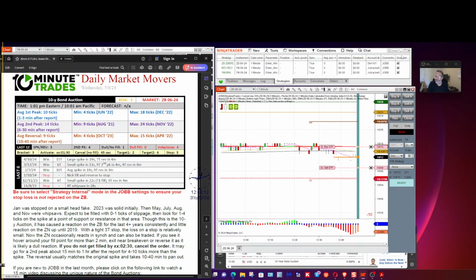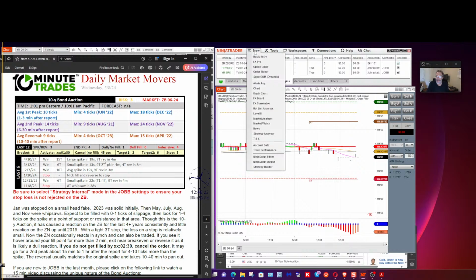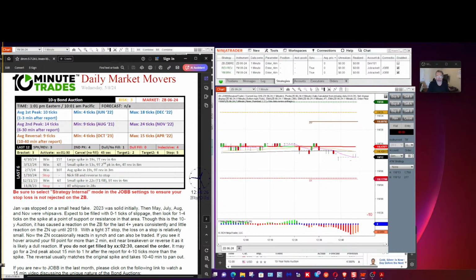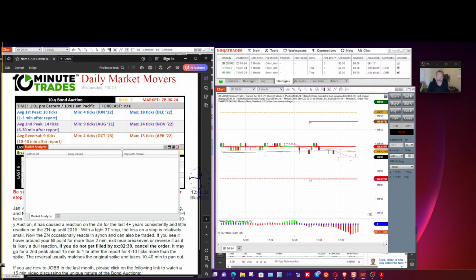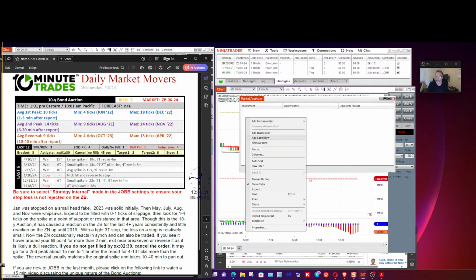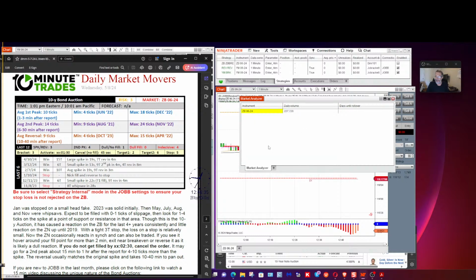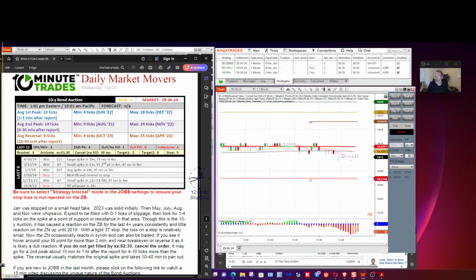Pretty good volume on the bonds. But the chart sure looks quiet.